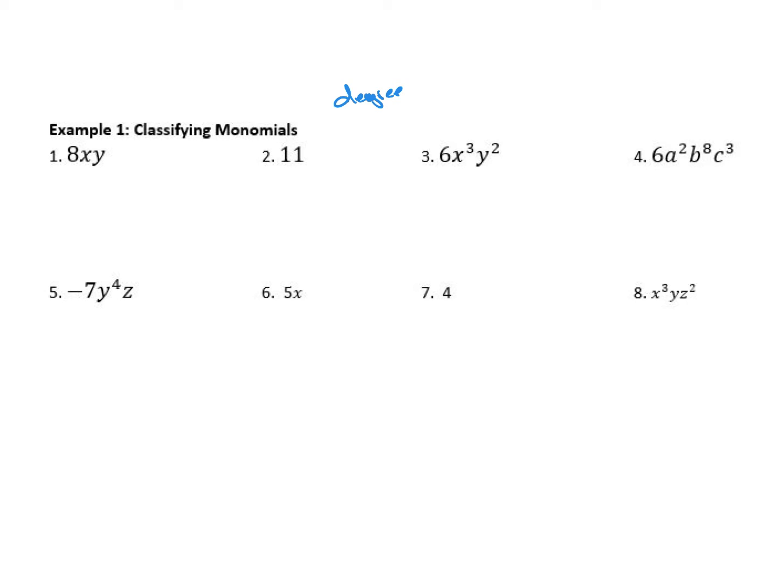But when we start seeing multiple variables, the way we figure out the degree is by adding up all of your exponents. So if we see a 1 and 1, this is something to the second degree. This one here is a constant. We don't have any variables.